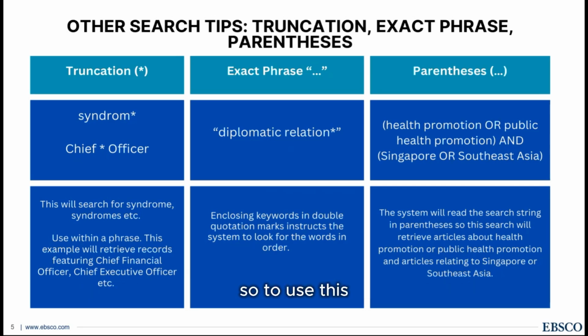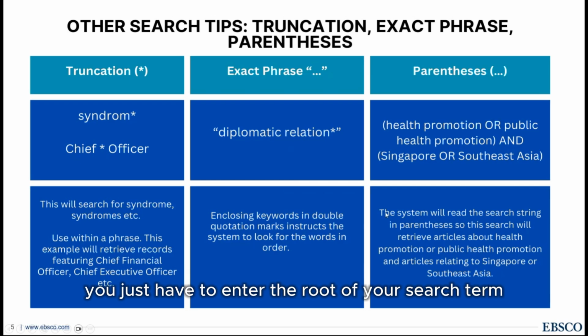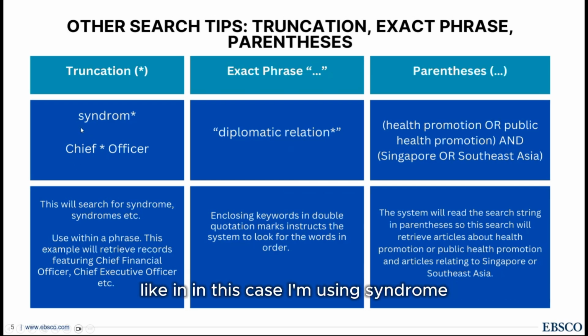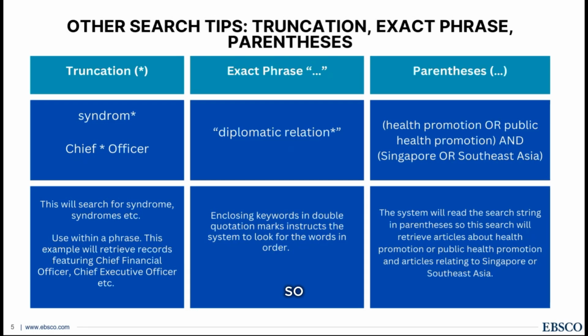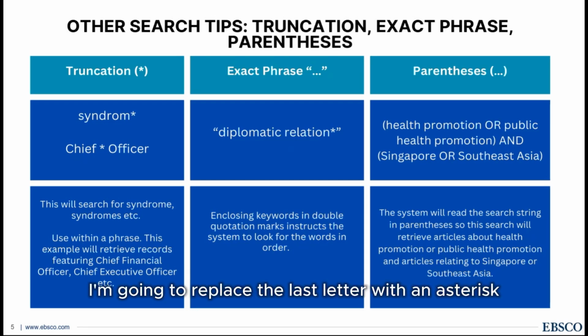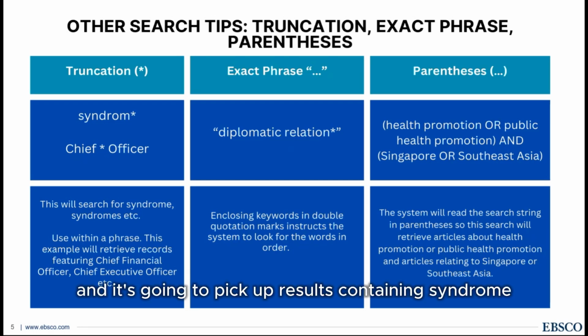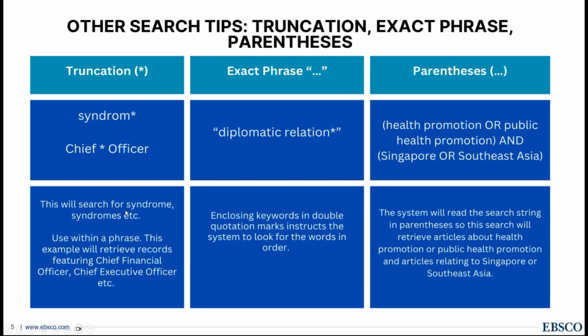To use this, you just have to enter the root of your search term, like in this case, I'm using syndrome. I want to search for variations within this root term, so I'm going to replace the last letter with an asterisk. And it's going to pick up results containing syndrome, syndromes, and so on.